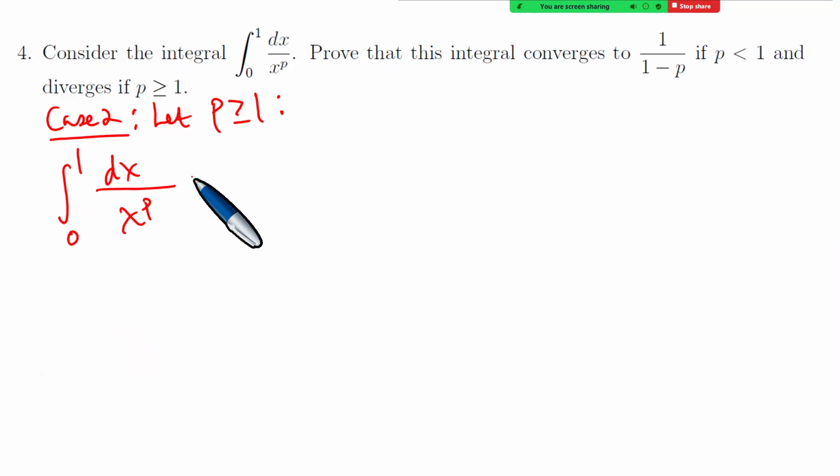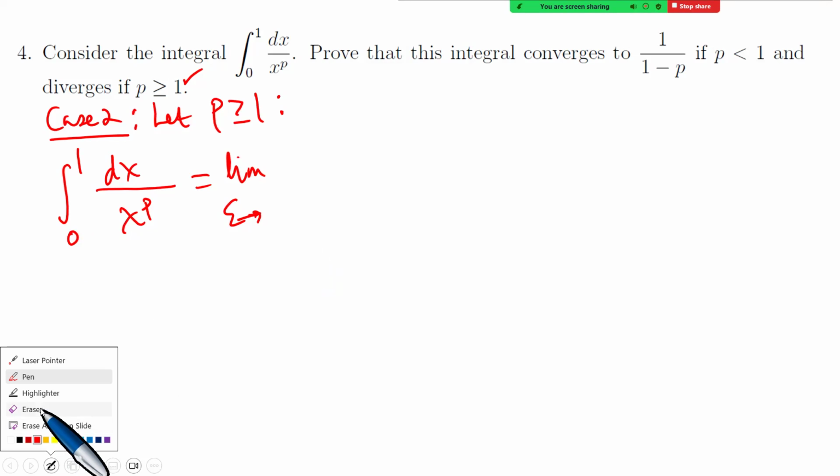Okay, but p is greater or equal to 1, so in which case the problem is still at 0, because whenever x is 0, then this is undefined, so we need to take the limit. It is an improper integral of the second kind, which is undefined at a limit of integration.